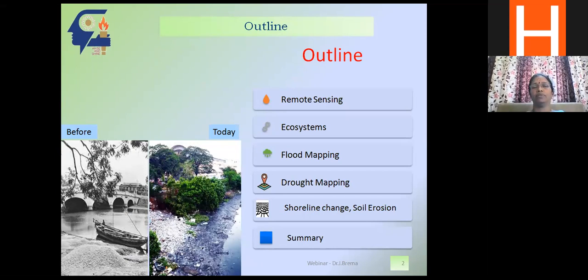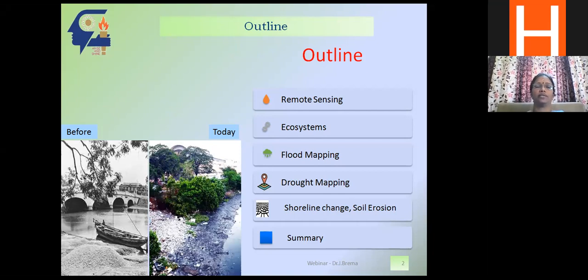Basically, when you say remote sensing, people first started with a photographic image, just to see how things are going on, how changes are going on. Slowly, we got into a system where we wanted to see the temporal and spatial changes, so we got into more and more different bands.